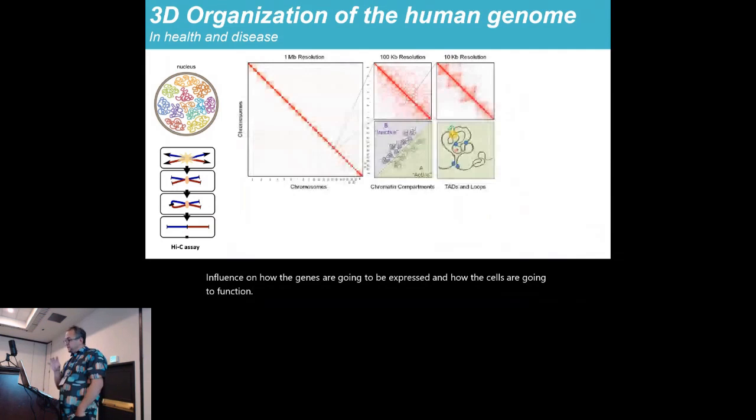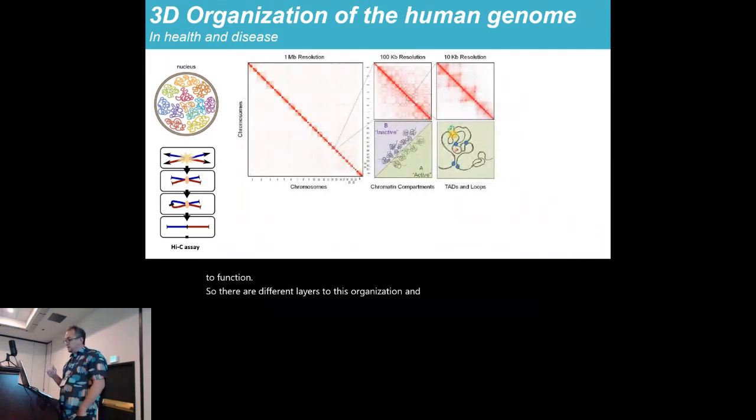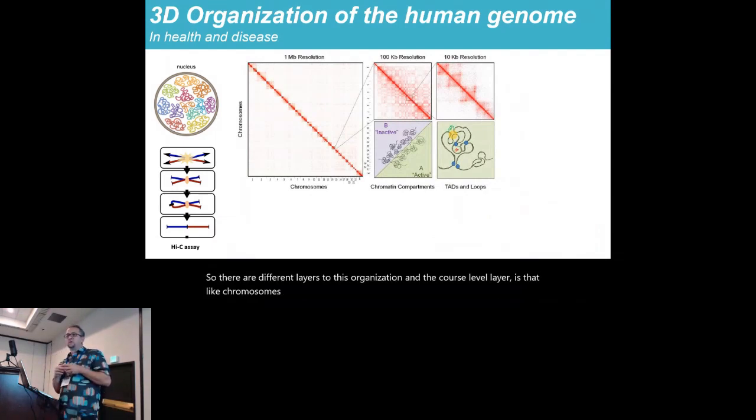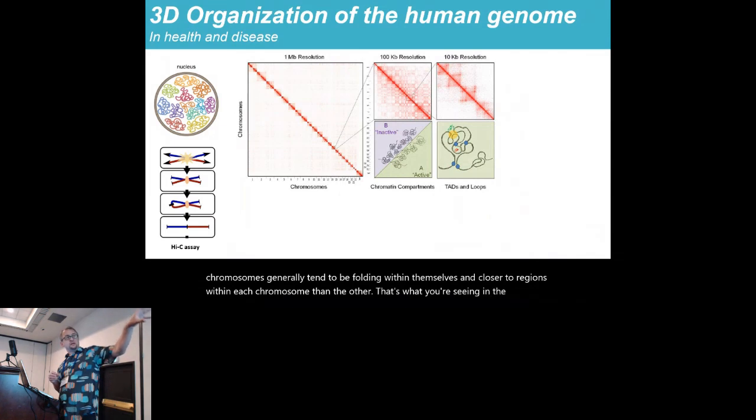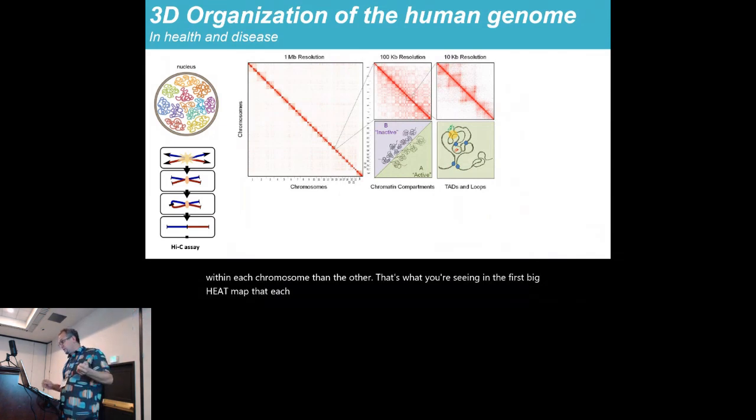There are different layers to this organization, and the coarse layer is that chromosomes generally tend to fold within themselves, with regions closer within each chromosome than to the others. That's what you're seeing in the first big heat map, where each diagonal square is a chromosome.